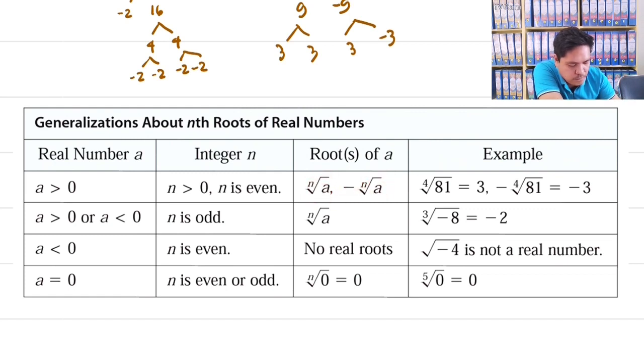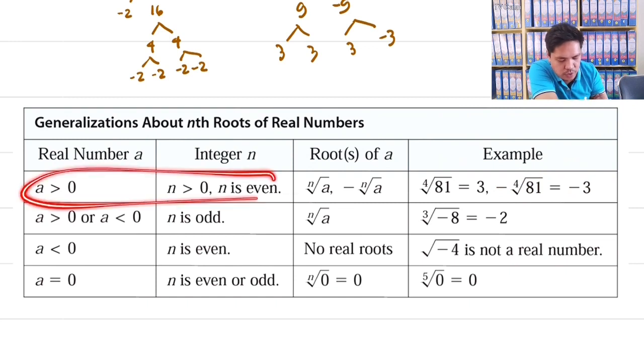Okay? So pwede siyang ma-extract. For example, for even, the fourth root of 81 is 3, and the negative fourth root of 81 is, of course, negative 3.